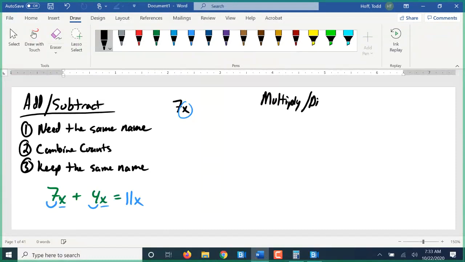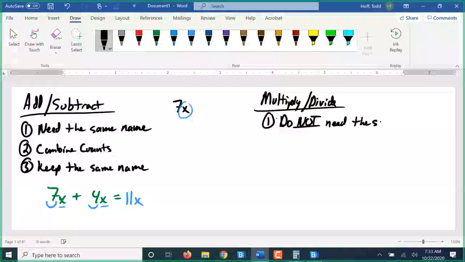When we multiply or divide, we do not need the same name. Of course, our second step is always to combine counts no matter what the operation.